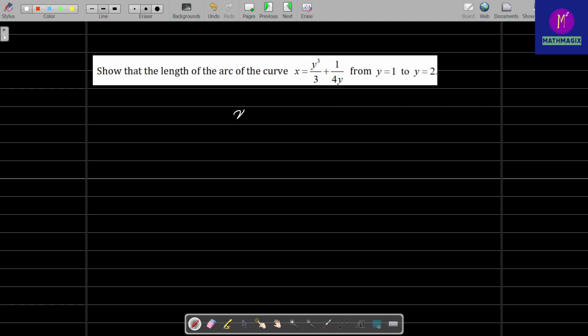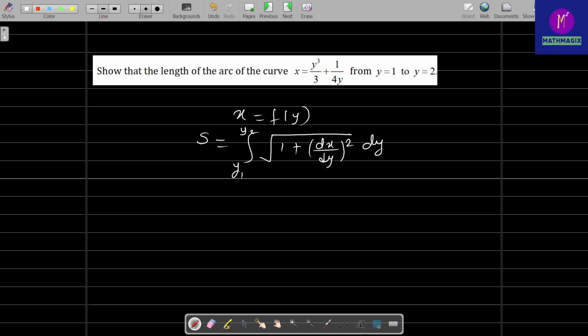Clearly x is a function of y, hence we will use the formula to find out arc length as integration of square root of 1 plus dx by dy the whole square dy. So obviously we need to write down here the limits of y, from y1 to y2.